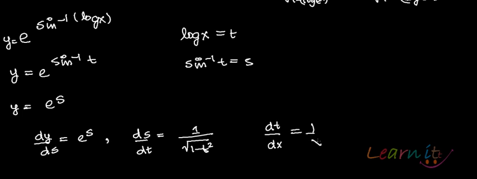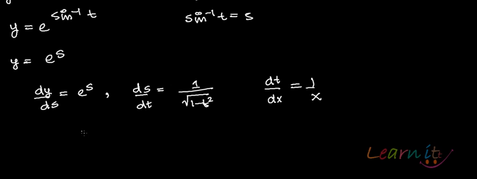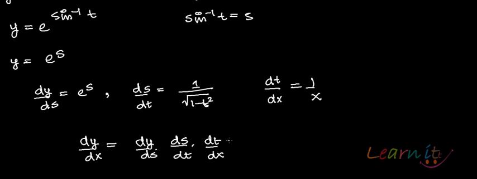It is 1 upon x. And in case I want to find out dy by dx, it is basically the product of dy by ds into ds by dt into dt by dx, which is: what is dy by ds? e to the power s. What is ds by dt? 1 upon root of 1 minus t square, into dt by dx, which is 1 upon x.